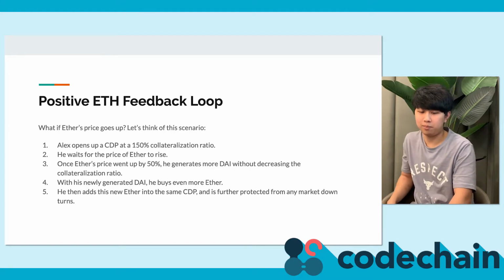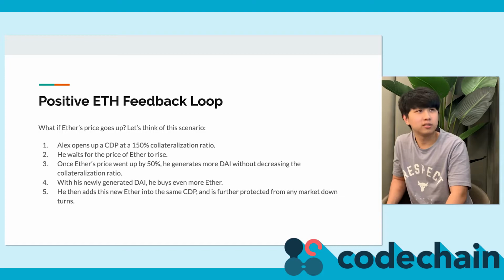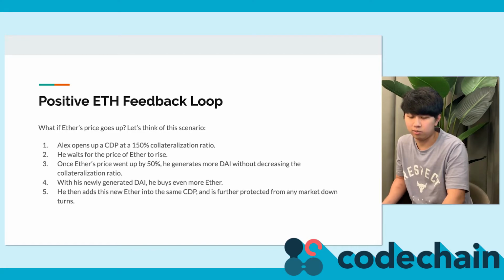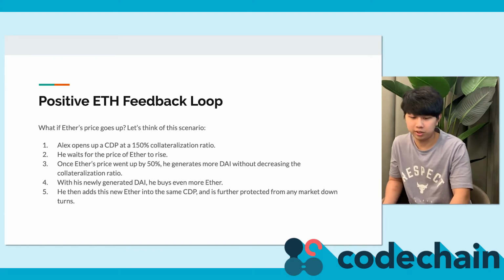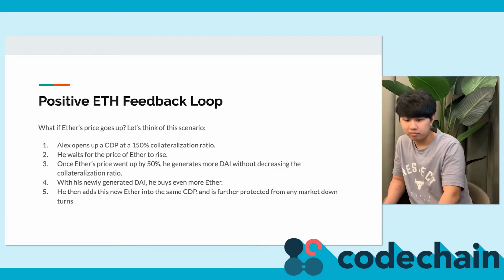In this entire MakerDAO system, one of the things that could happen is a positive Ether feedback loop. So what if Ether's price goes up? We can think of this scenario: Alex opens up a CDP at a 150% collateralization ratio, and he waits for Ether's price to go up.